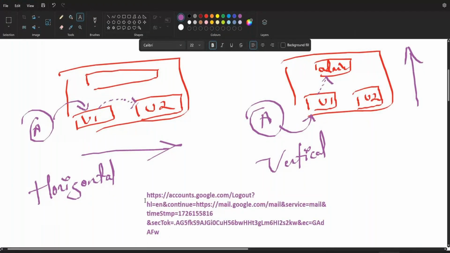Now, if I click on this link, and I'm already authenticated in that browser with this Gmail, it is going to sign me out. Even if you guys click on that, it will sign you out.